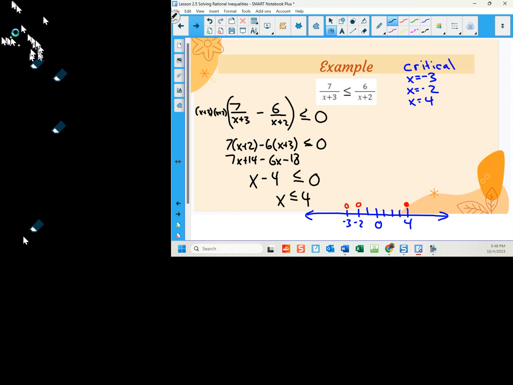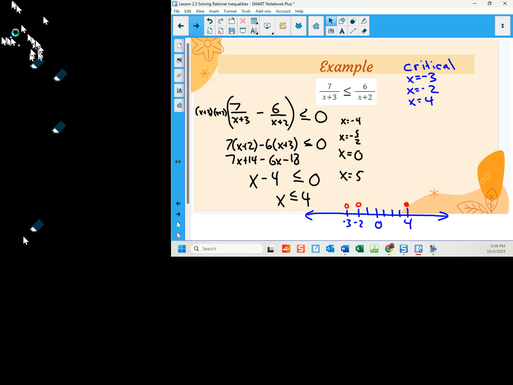I'm going to plug in x equals -4, x equals -2.5 or -5/2, which will be in between there, x equals 0, and x equals 5. I have 4 values to plug in now.